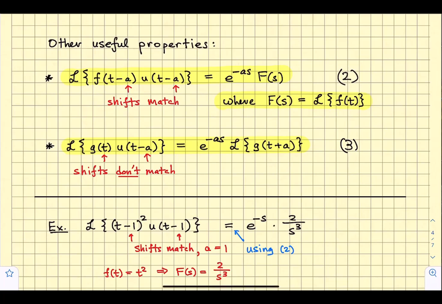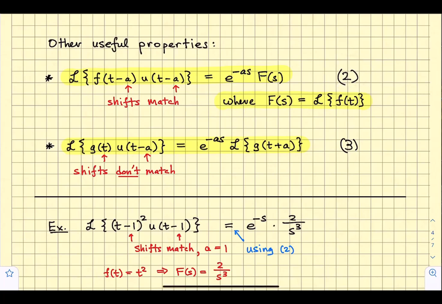If the shifts match, you can apply the integral definition of the Laplace transform, and this comes out to be e to the minus as times big F of s, where big F of s is the Laplace transform of the unshifted little f. We're going to work some examples in just a second. So when the shifts match, this is the new table entry or theorem that you get. We'll call this equation 2.